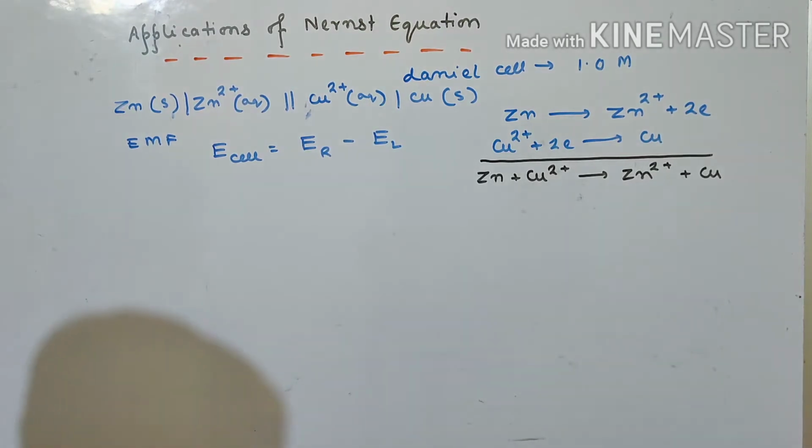So, if we calculate the electrode potential for the electrodes separately, first let us calculate for the copper electrode.